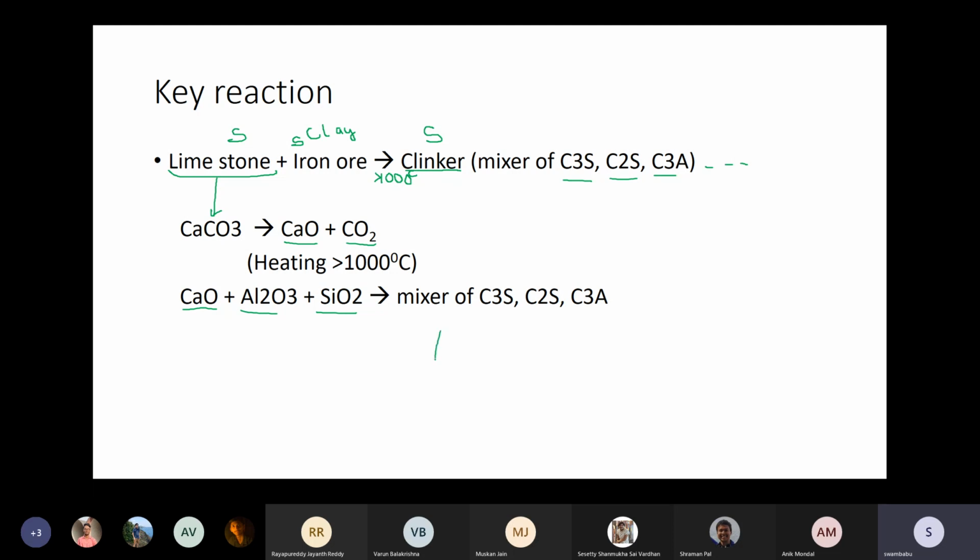What is the equipment we use to heat solids, to dry the solids? I already explained which is used for the drying of solids, which is inclined. Any guess from any student present today? What is the equipment name?